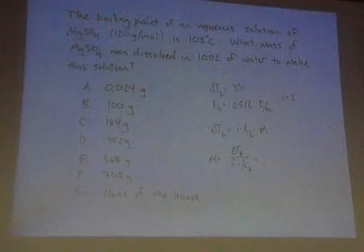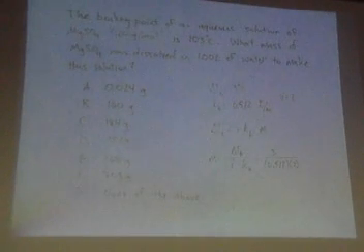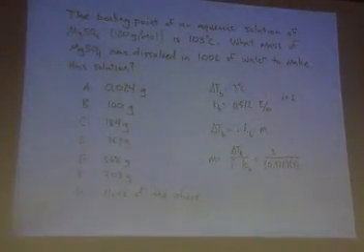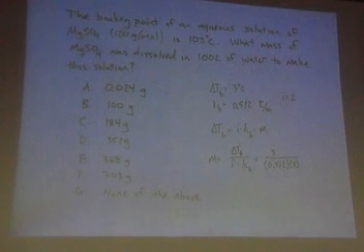Okay, so then we can solve for molality. Molality is going to be equal to delta T_B over i times K_B. That would be equal to 3 divided by 0.512 times 2. 3 divided by 1.024.